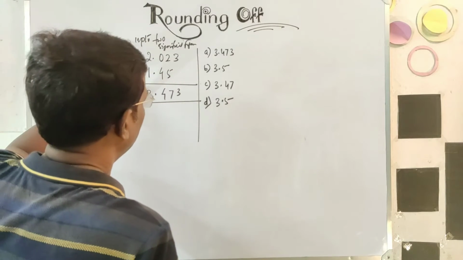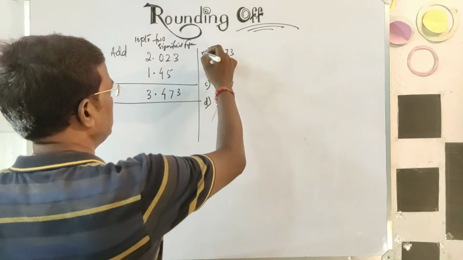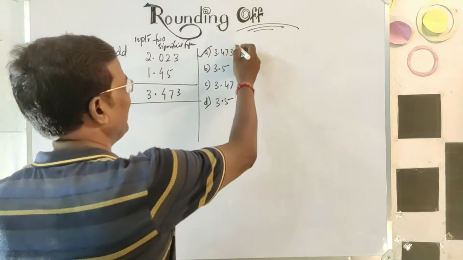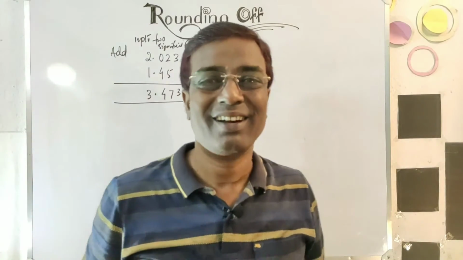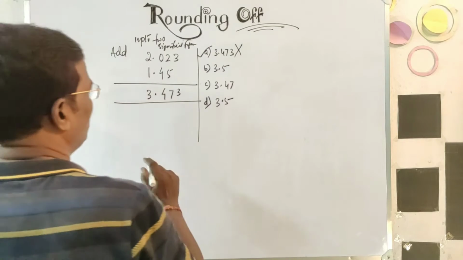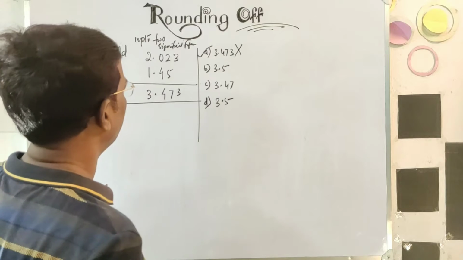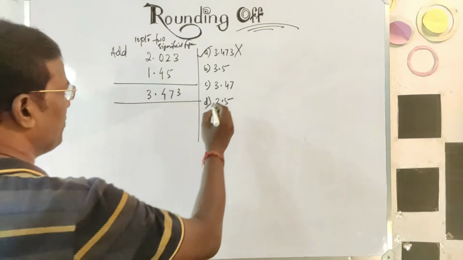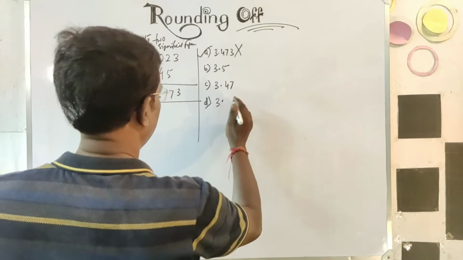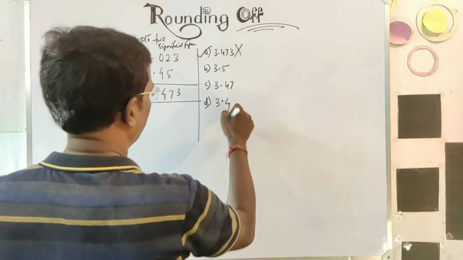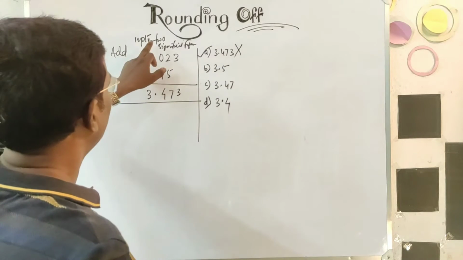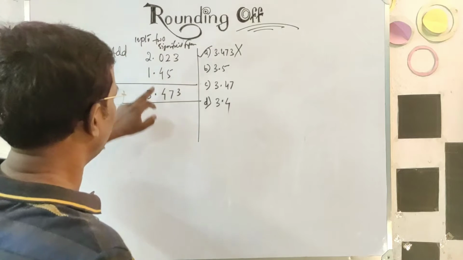Now most of you will go for this option, which will be wrong, and so we are left with the closest one. Up to 2 significant figures we have to see. Now this is, let's say, 3.4. Here up to 2 significant figures we have to round off.